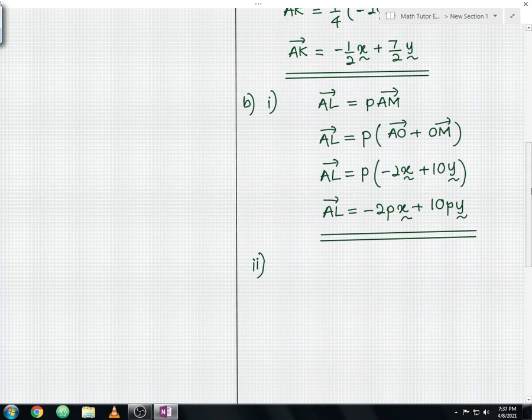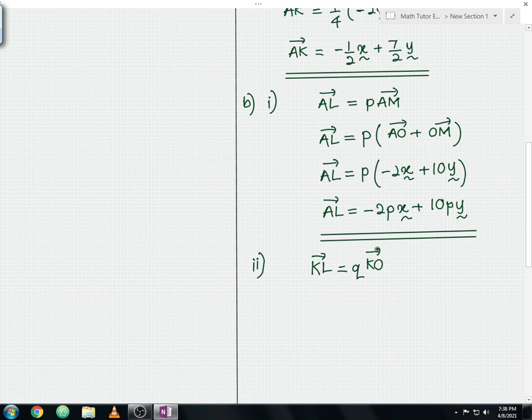In the question they have already given us the relation between vector KL and KO, where vector KL is equal to Q times vector KO. So our first step will be finding the vector KO.